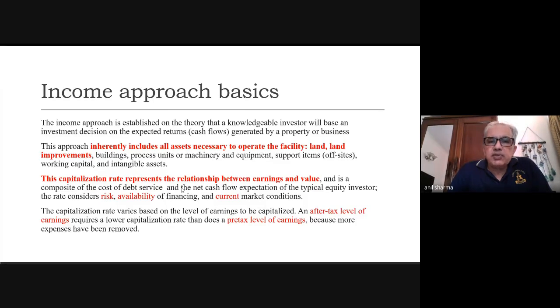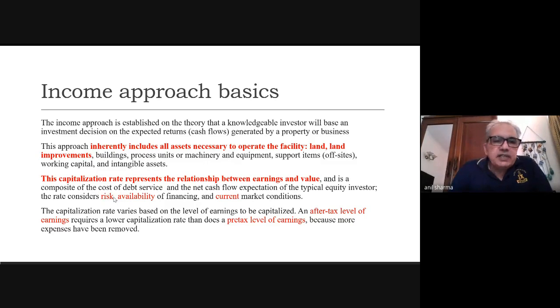The capitalization rate is a relationship between the earnings of the asset and the value of the asset, and it is based on the cost of servicing the debt on the asset and the equity investors' expectations from the net cash flow, right?